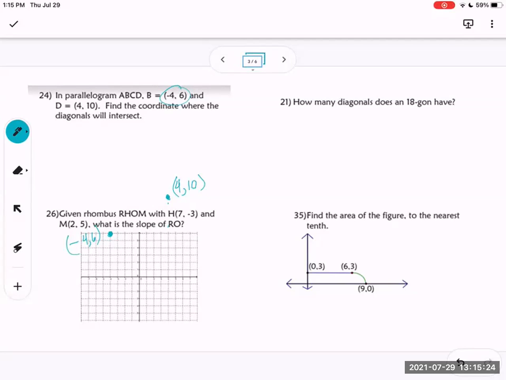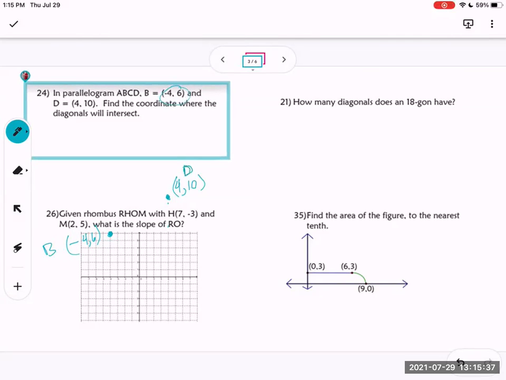It says that in the parallelogram those are your B and D. So this was B and this was D up here. So A and C are going to be somewhere here and here. It's a parallelogram. Find the coordinate where the diagonals will intersect.